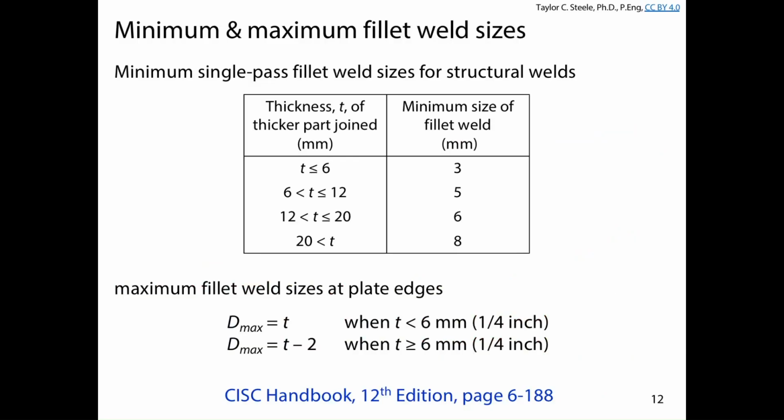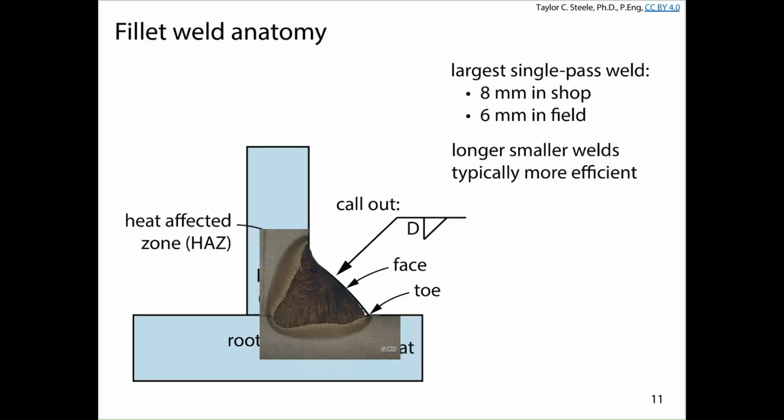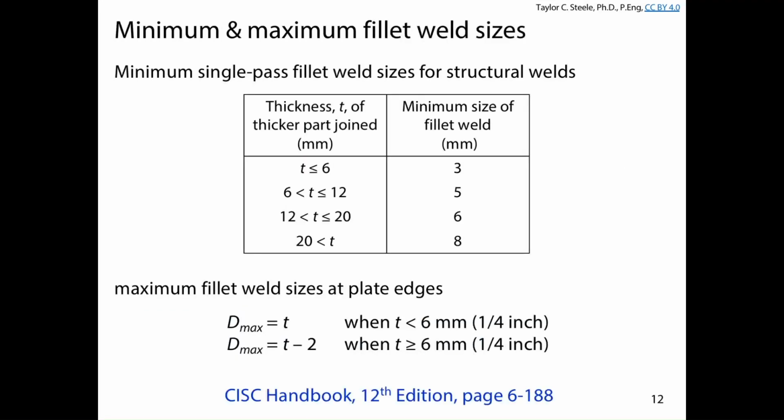In terms of actual maximum and minimum sizes, there's, of course, a maximum single pass that you can physically do with a minimum amount of quality. But the actual maximum size you can build up, or the minimum size required, depends on the thickness of the steel we're dealing with. I was going to bring that steel back, but I thought, oh, you already had it in your hands like 3 times this term.